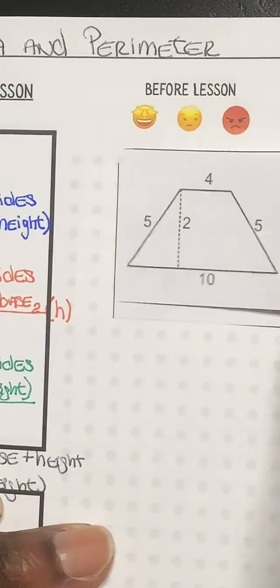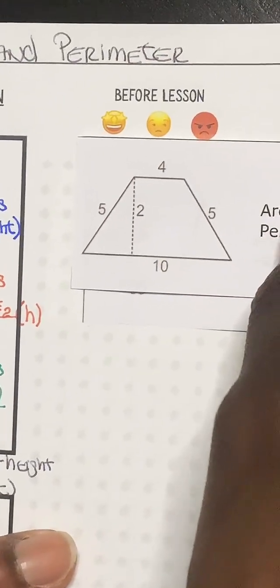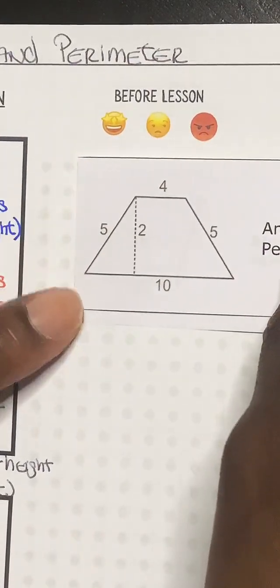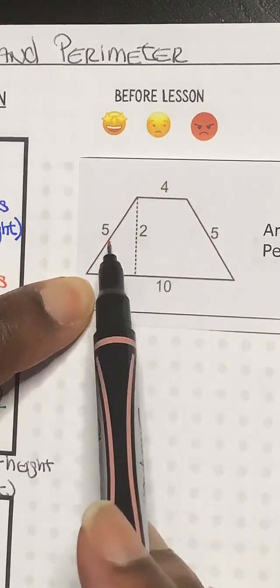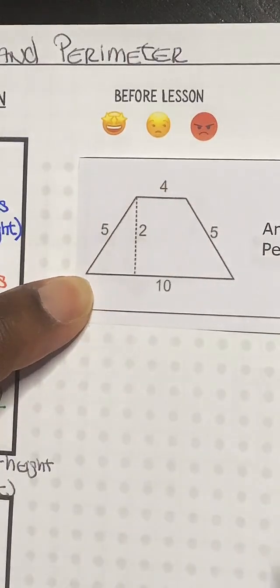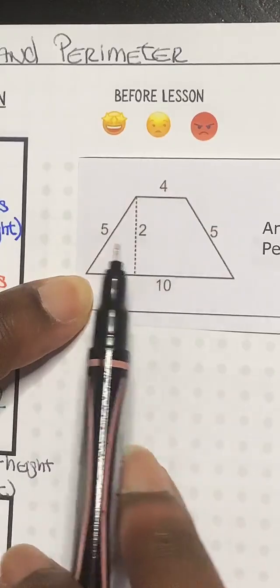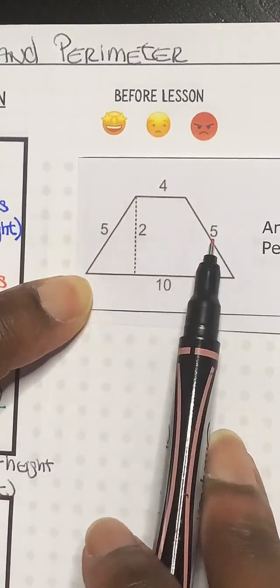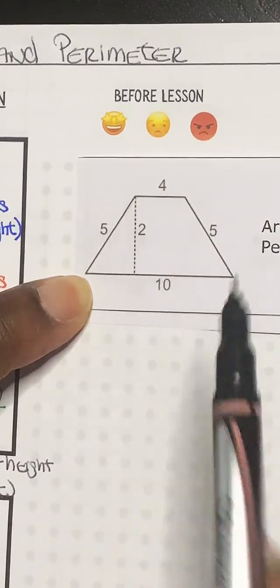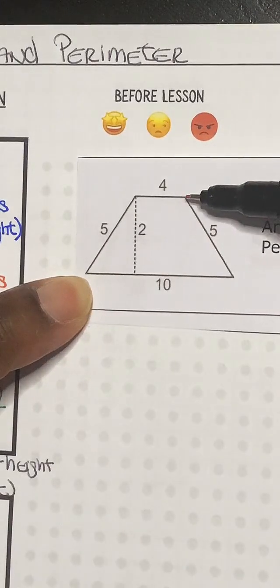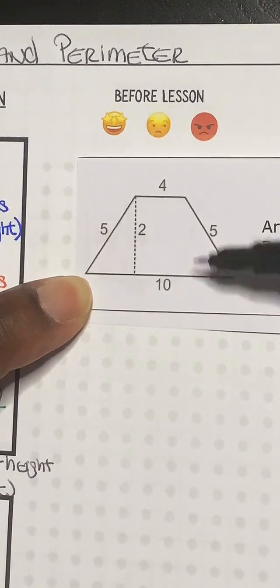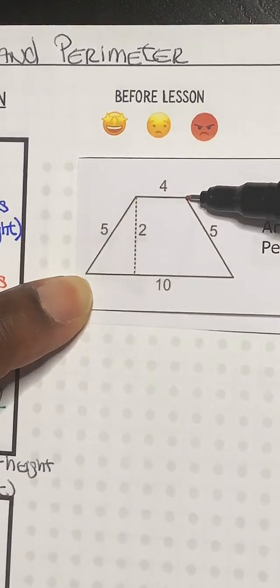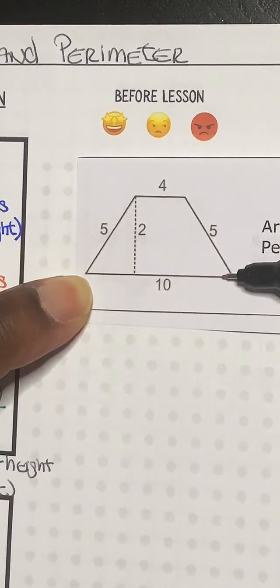So this is an example of a trapezoid, okay? There are 2 different types, and this one is an isosceles trapezoid. Isosceles meaning that we have 2 sides that are exactly the same length. That's 5, that's 5. With the trapezoid, we have 2 bases. We have base 1, which is usually the one at the top, and base 2, which is the one at the bottom.